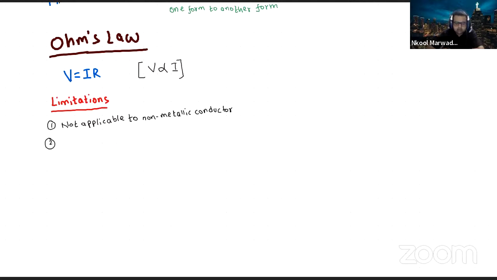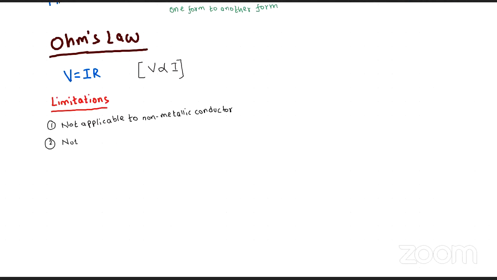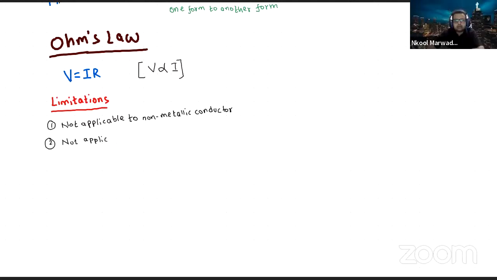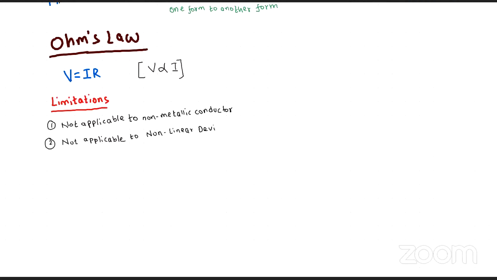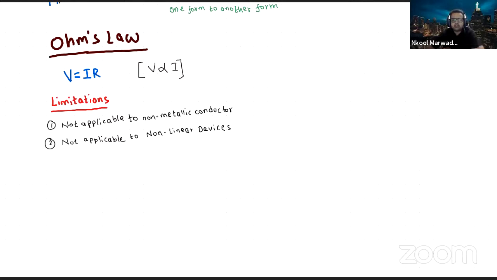Not applicable to non-linear devices. What is the meaning of non-linear devices? Non-linear devices means that current in both directions will be different.